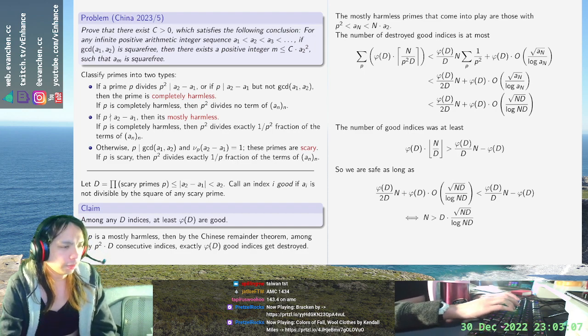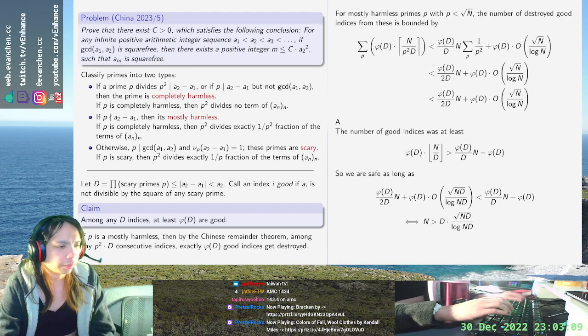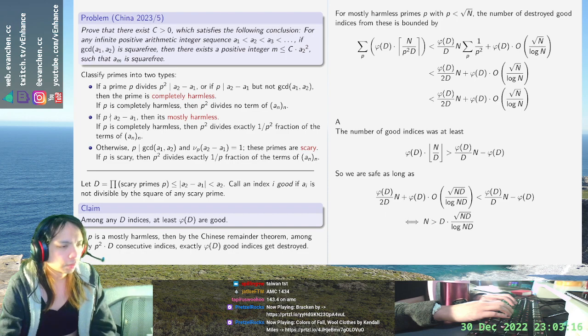And if P is greater than root n, then the contribution is at most 1.